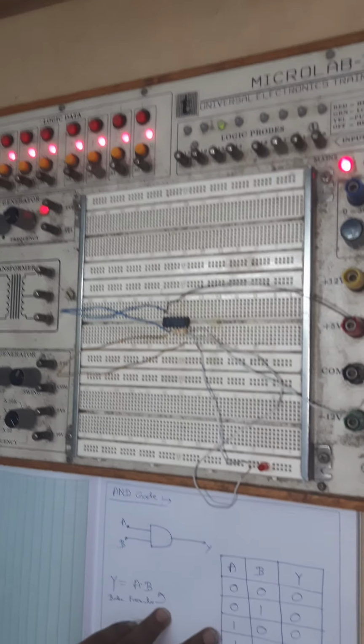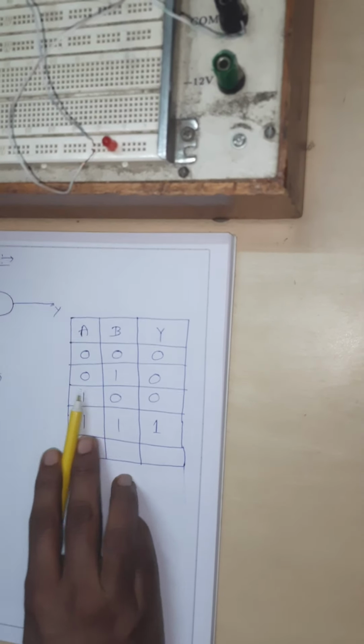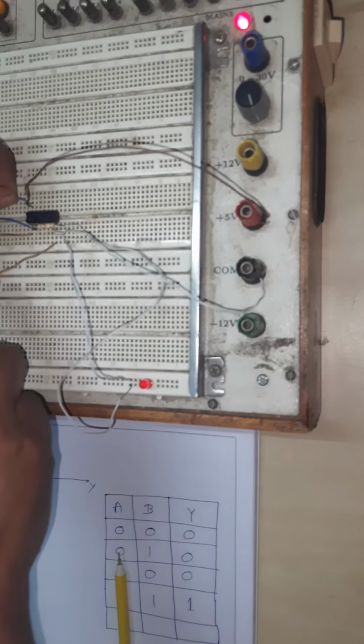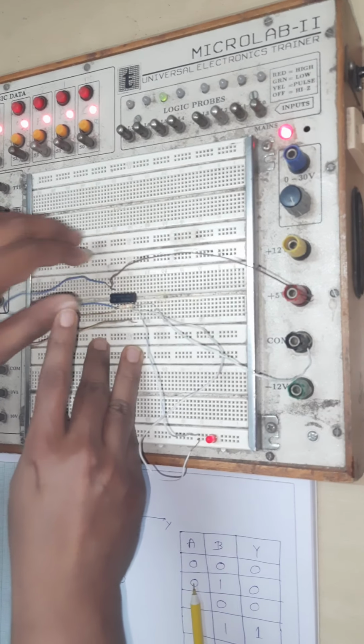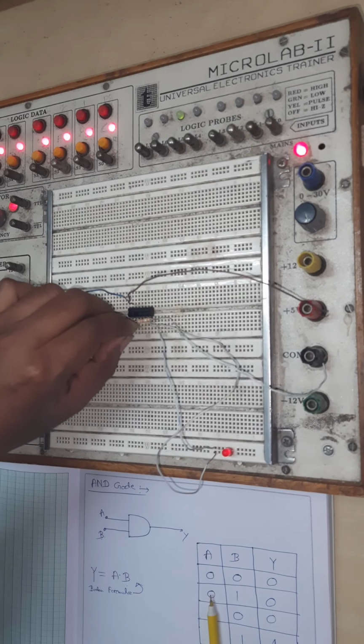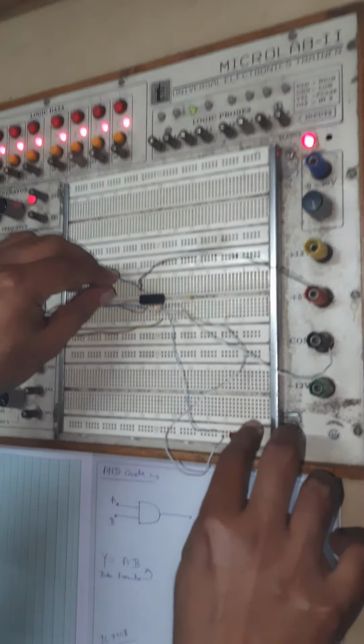For the third case, A is 1 and B is 0. A is 1 means we place the A point at the VCC point, and B at the grounding point, the 0 point. You can see there is no glowing of the LED.